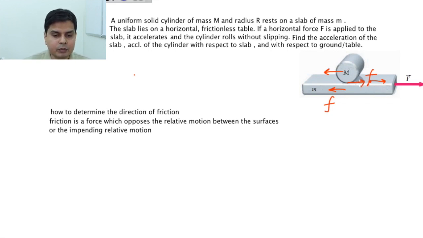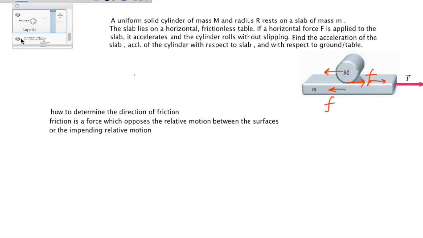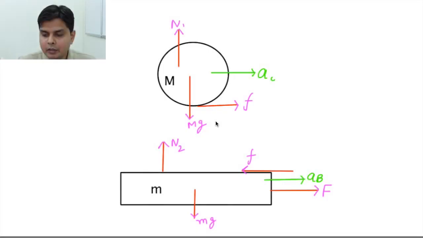So having found the direction of force of friction, let's now draw the free body diagram. This is the free body diagram of the cylinder and of the block. Of the cylinder, N1 is the normal reaction force which acts because of the block.